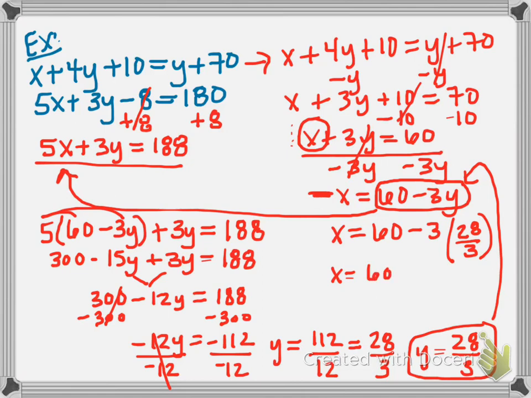Negative 3 times 28 thirds is just going to be negative 28. And if we subtract that from 60, we get 32. So that is the substitution method, another example.